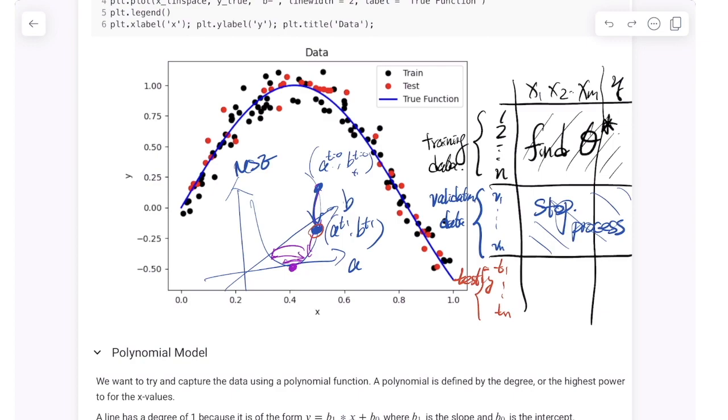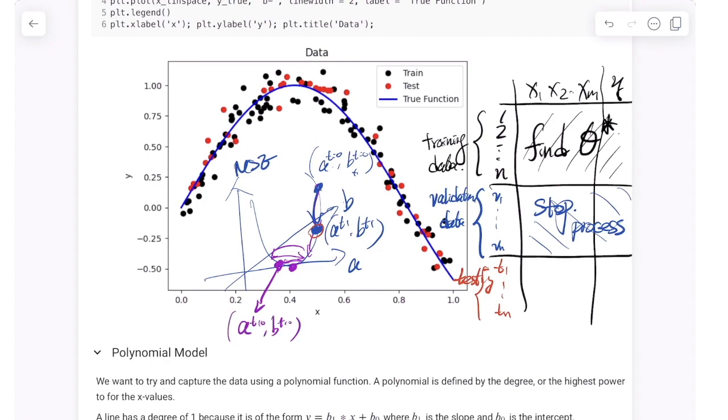So again, you use the black data set to perform gradient descent, and you use the blue validation data set to test if you should stop or not. For example, you stop right here, so that is AT10, BT10.